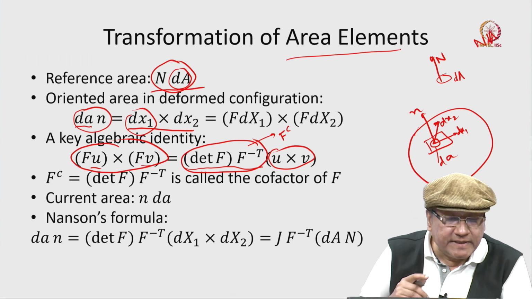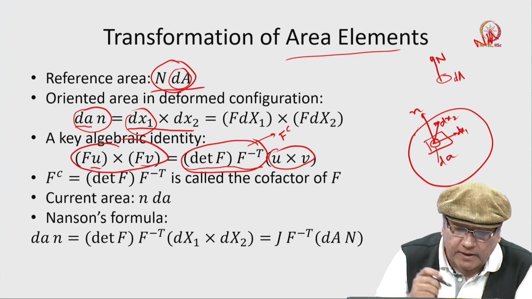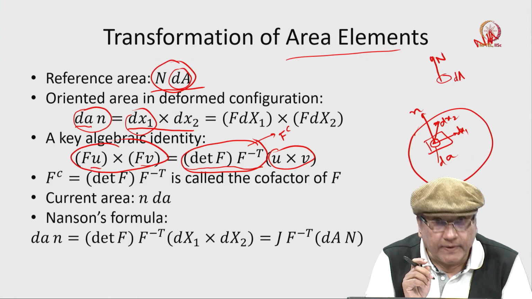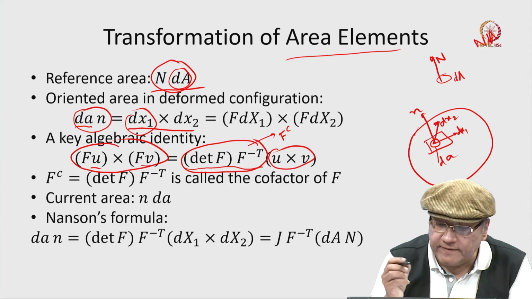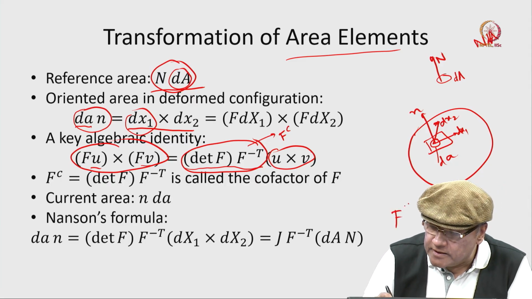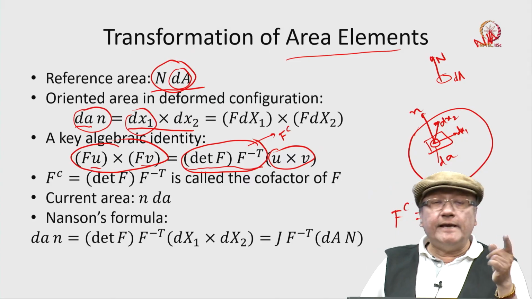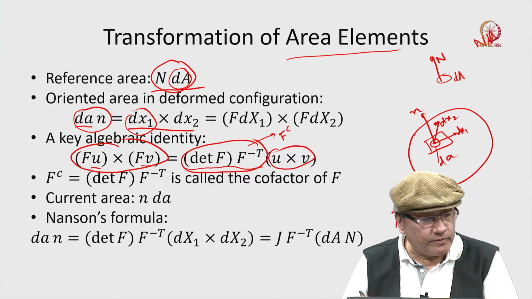That is why we get what is called Nanson's formula. But remember, determinant of F we called J. So essentially the cofactor here is given by Fc equals J F inverse transpose. Remember that F is invertible because the determinant of F is always greater than 0.